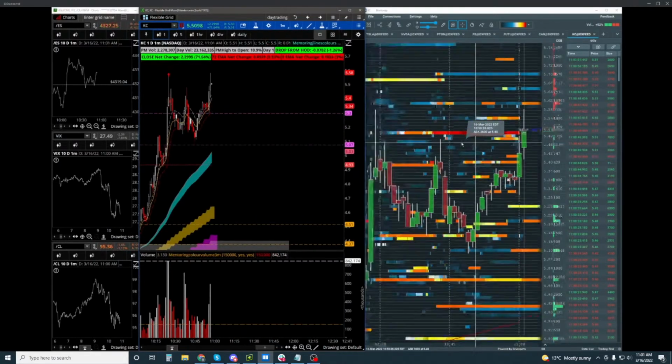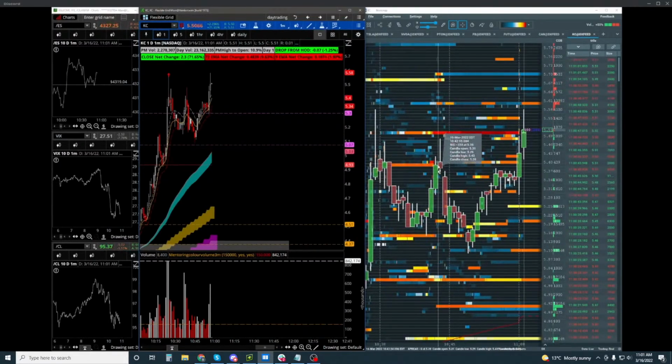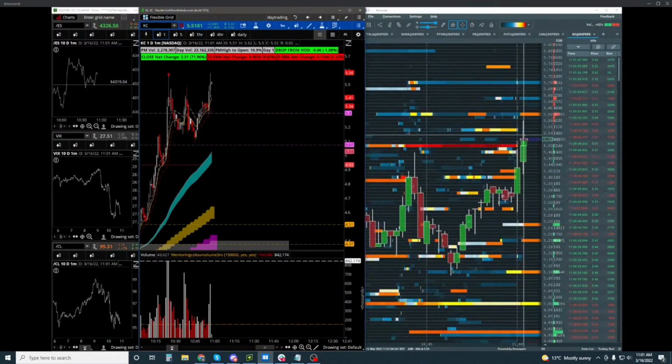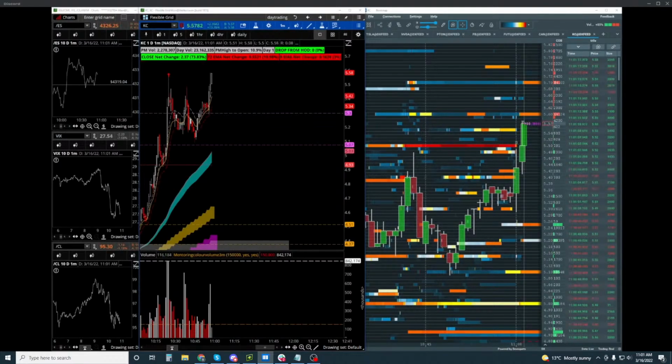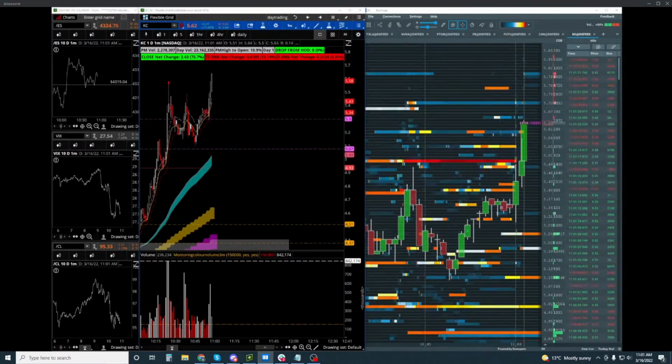Remember before, we had this rejection of 550. Right away, the tape was all red. Over here, we're holding this 550. So that means no trading for me. More push 558.